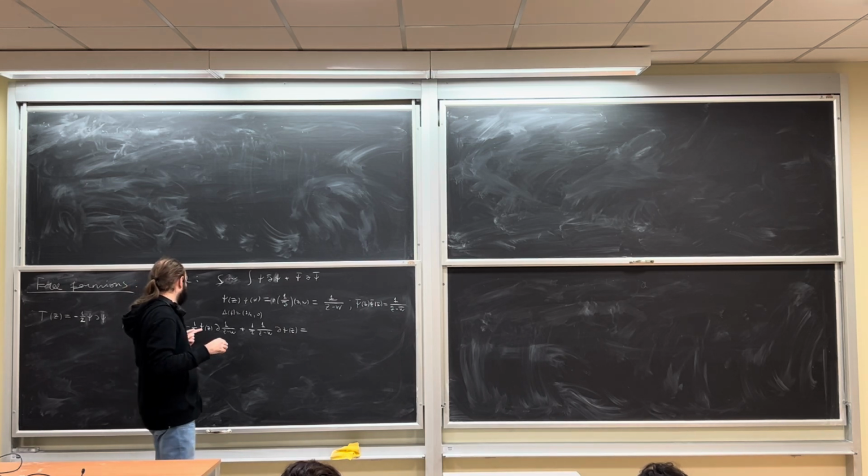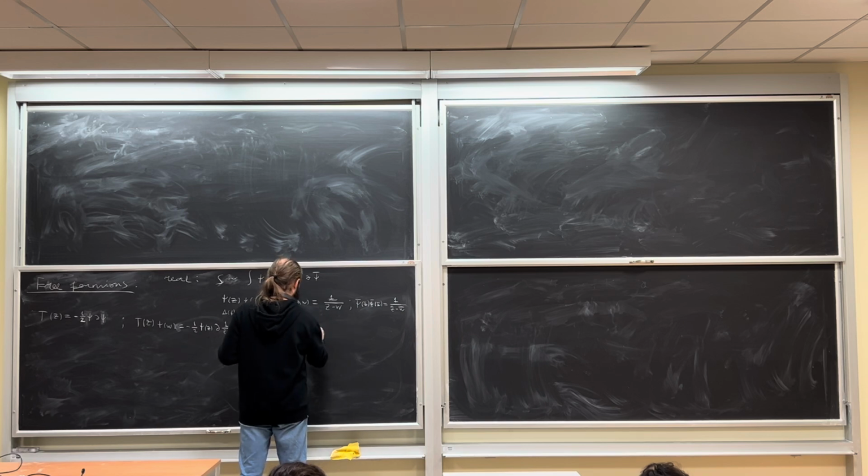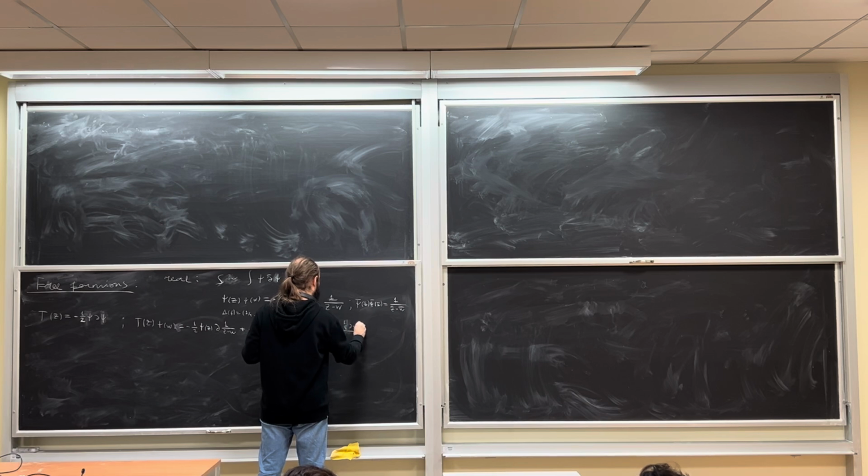So it is 1/2 psi of z over z minus w squared plus 1/2 d psi of z over z minus w.